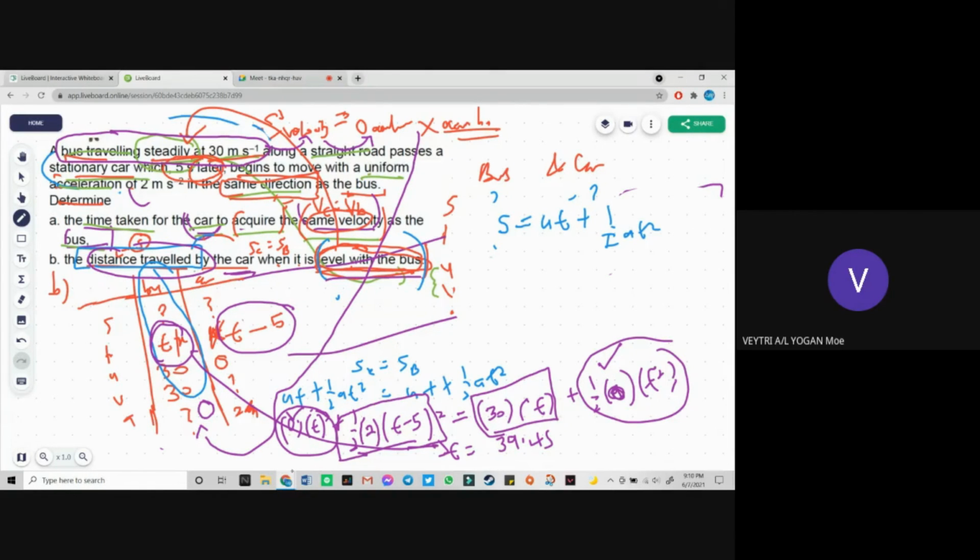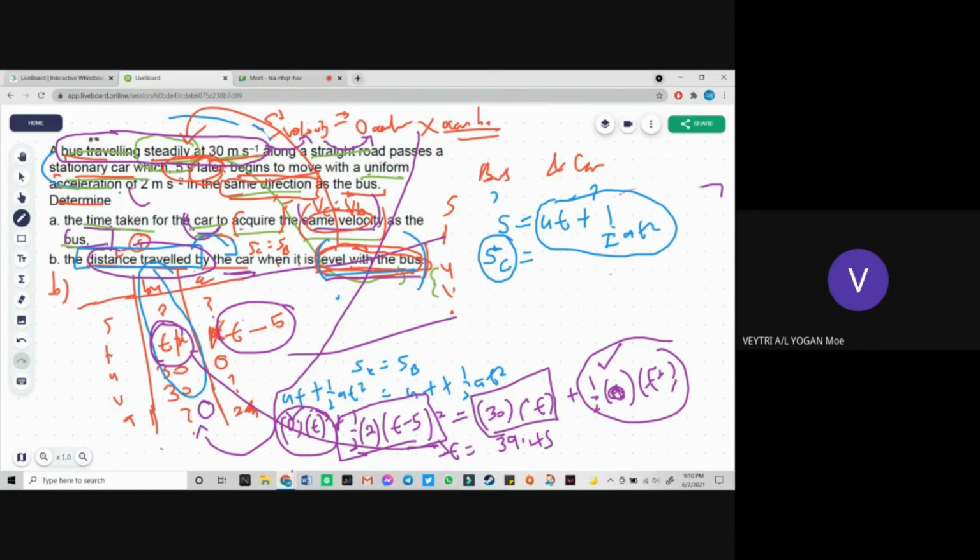Distance traveled by the car when it is level with the bus. Distance traveled by the car, displacement of car, when it is level with the bus. Maksud dia, you nak cari displacement untuk car, you have to use values ni semua kan untuk bus. Baru dia akan jadi level.